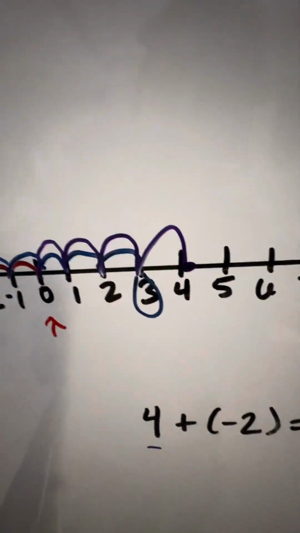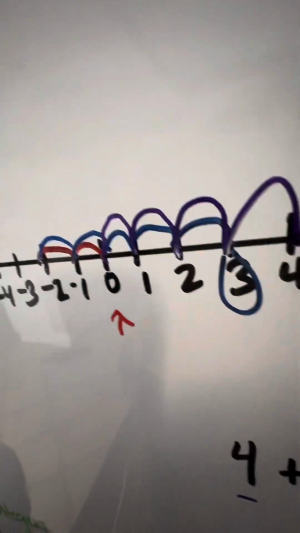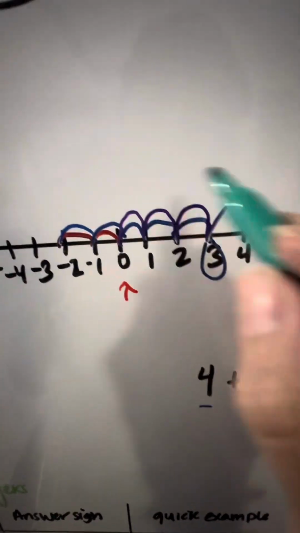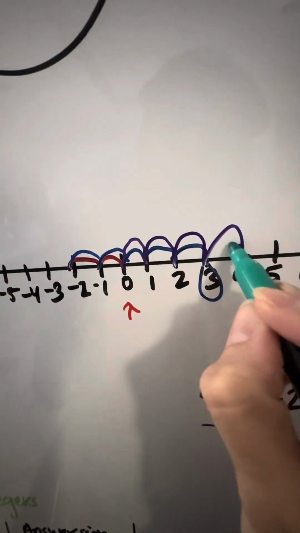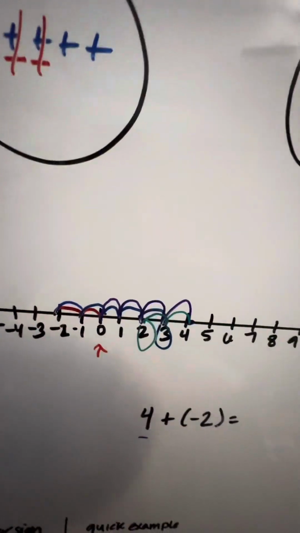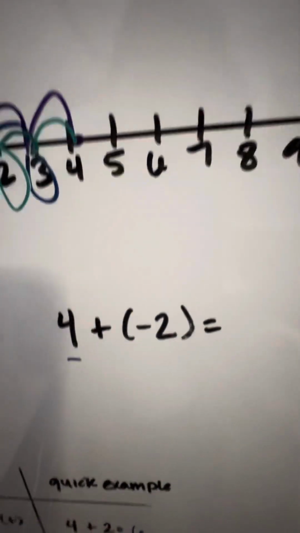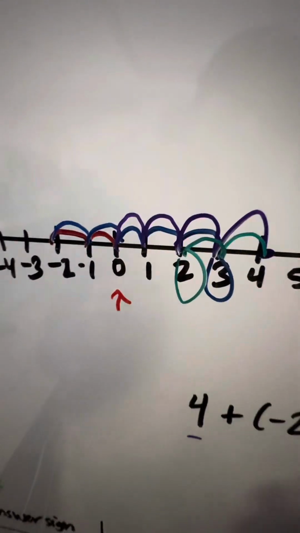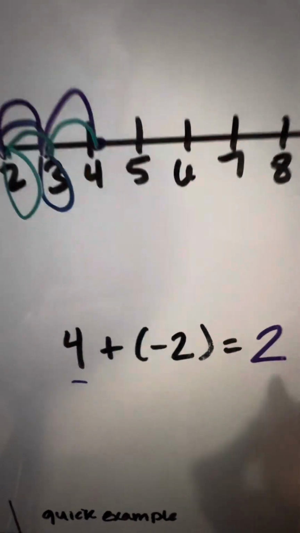Okay, so we ended up on 4. And then we're going to go over to negative 2. So we're going to go back 2. So then we're going to go 1, 2. Okay, so 4 plus negative 2 equals positive 2.